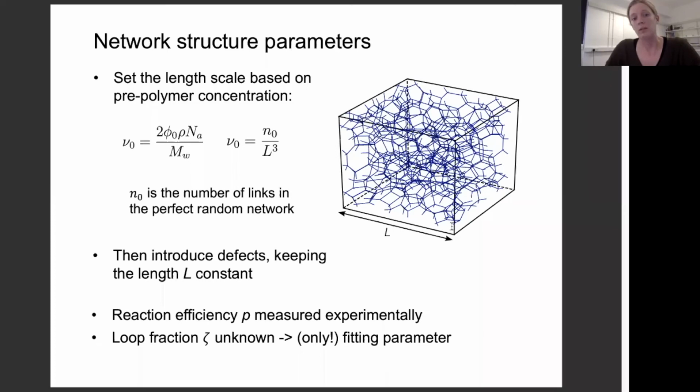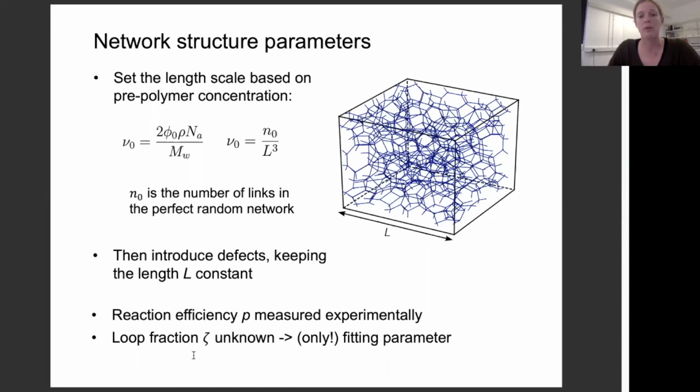Once this is fixed, we can introduce defects, keeping the box length constant. The reaction efficiency p is taken directly from experiments because this is often reported. The only unknown parameter is the loop fraction. This one is rarely measured or estimated, so we don't know it, and this is the only fitting parameter we have in our model.